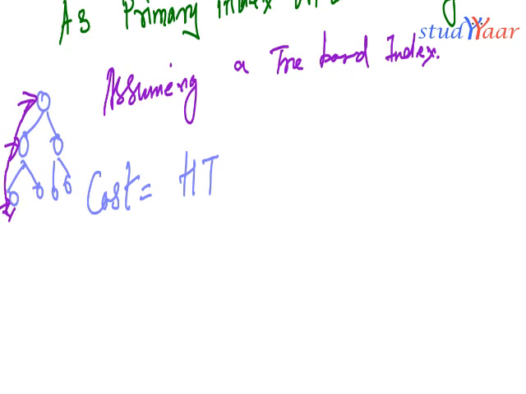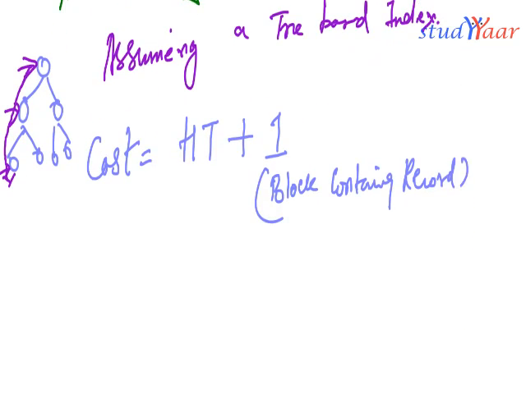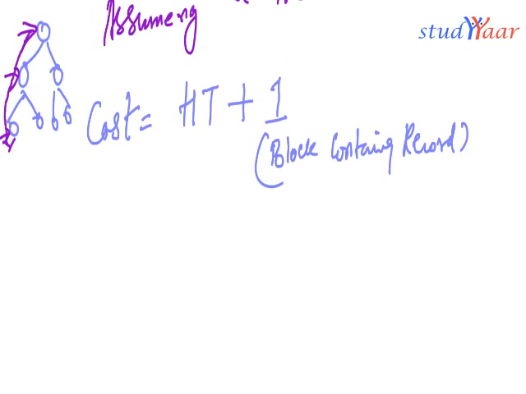This is a worst case estimate. And after I have reached the key, I am going to need one more block access to reach the block where my record is present. So one is for the block containing the record. So this is my cost in the A3 algorithm, primary index on candidate key.